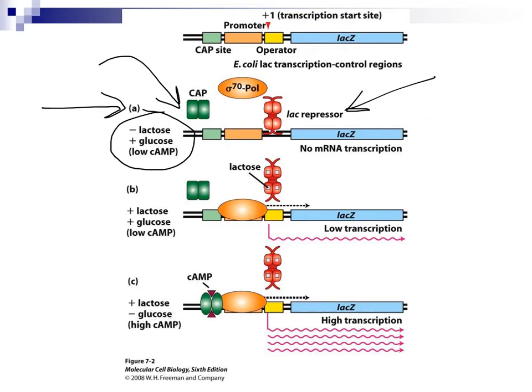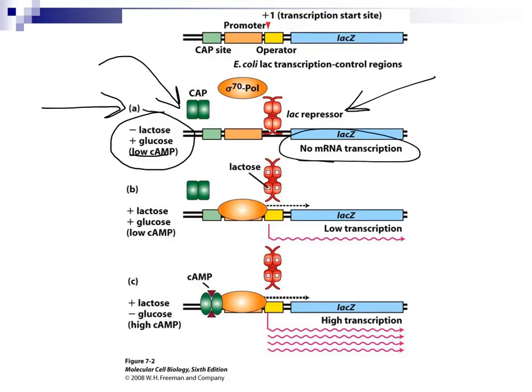In this one, you have no lactose, that's why there's a minus sign. You do have glucose, and remember, the presence of glucose means low cyclic AMP. So if I were to ask you on a test, under those conditions, what would the lac operon be doing? Well, first of all, you should be saying, nothing. No messenger RNA transcription.